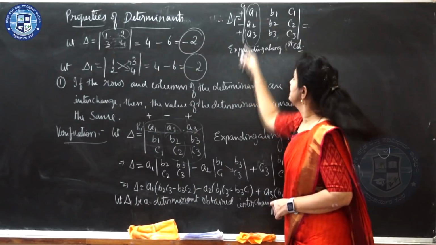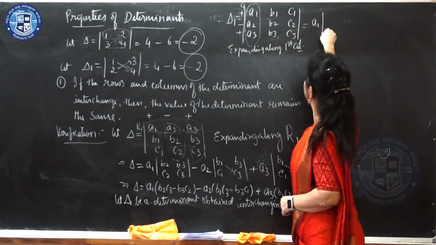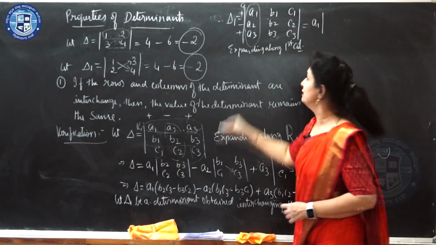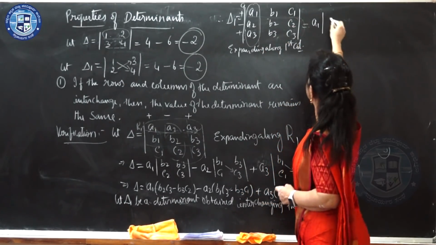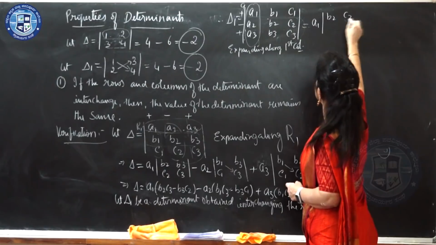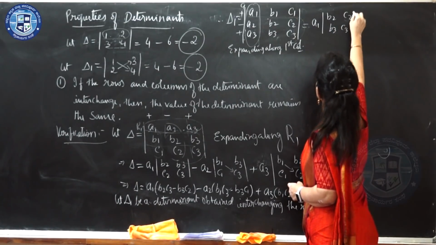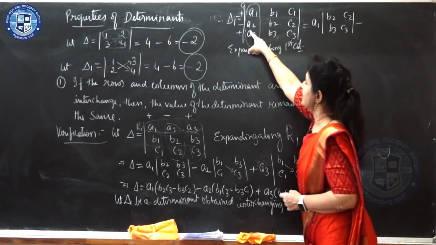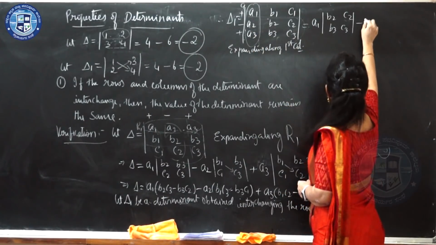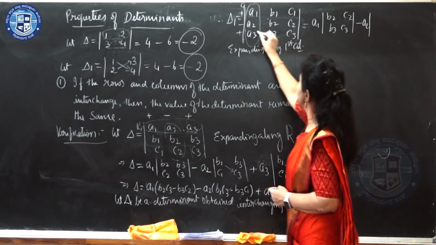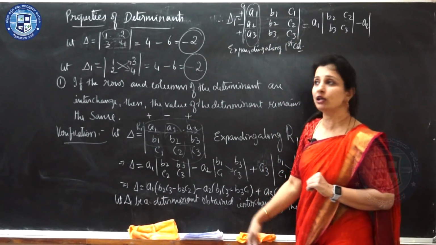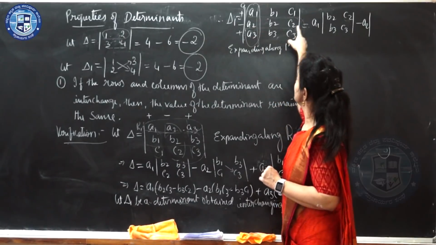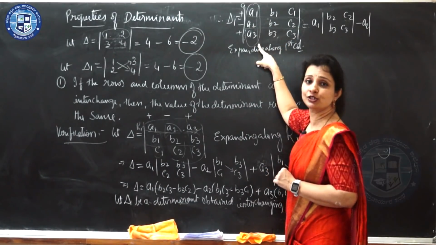What do we get? First element is A1 into determinant of, leave the row and column where A1 is. These four elements we write B2, C2, B3, C3, minus second element is A2 into determinant of, exclude the row and column where A2 is. A2 is in the second row and first column.